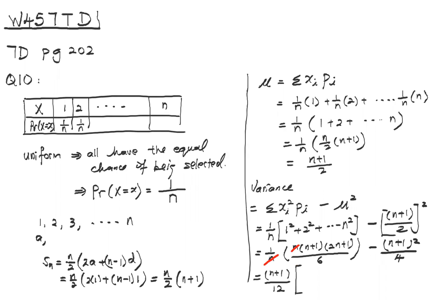So 6 times 2, I get 12. So up here, I put 2 into 2n plus 1. Take away 4, I times 3, I get 12. So I put here 3 into n plus 1. Then you simplify, you get the answer.